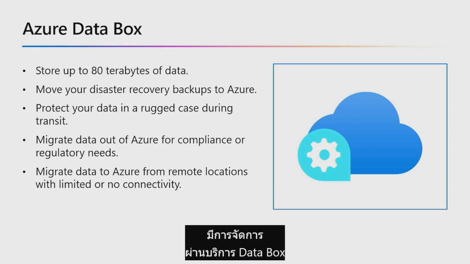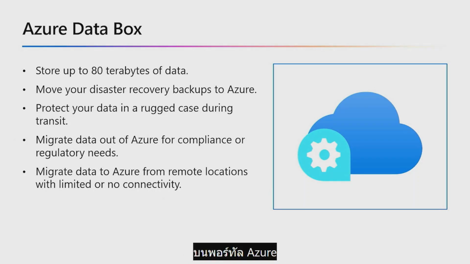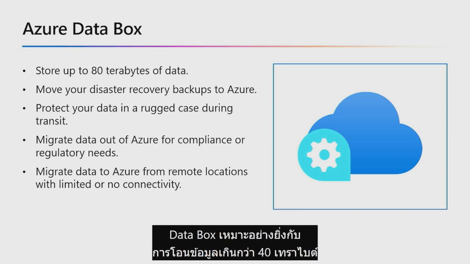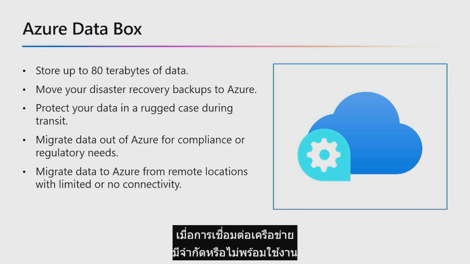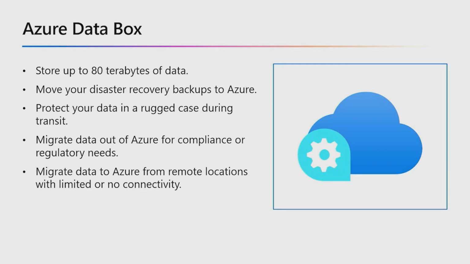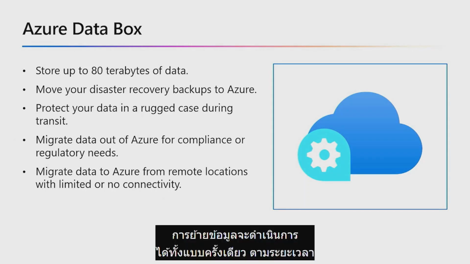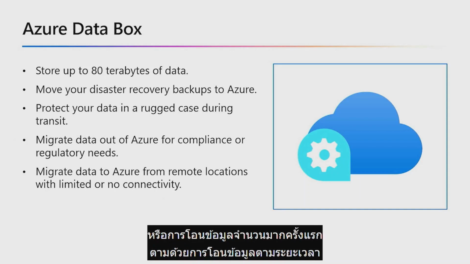The entire process is managed through the Data Box service on Azure portal. Data Box is ideal for transferring data exceeding 40 terabytes when network connectivity is limited or unavailable. Data movement can be a one-time, periodic, or initial bulk data transfer operation followed by periodic transfer.